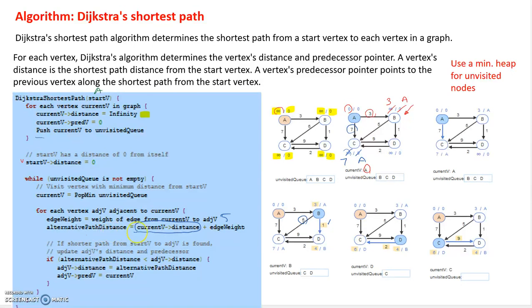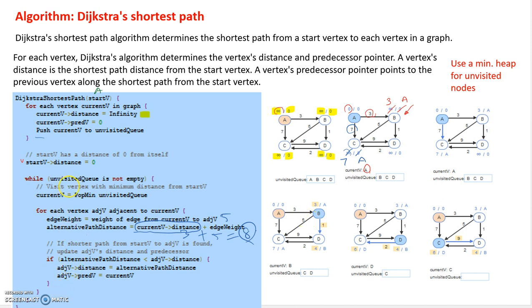And then the alternative path will be the distance of V, which is 3, plus edge weight of 5, that's equal to 8. Now, is 8 less than the distance of C? Distance of C is 7. Is 8 less than 7? No. So we don't update anything related to C. So only D was updated in this case. All right, and then we are done with this loop again.